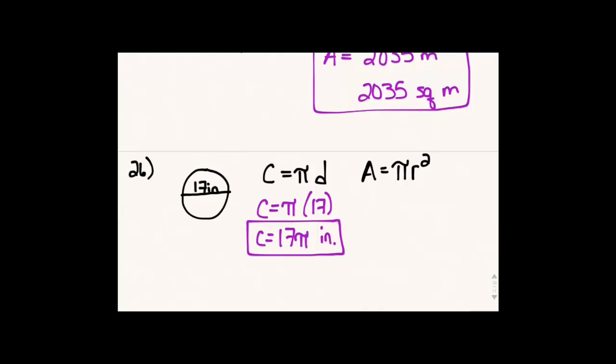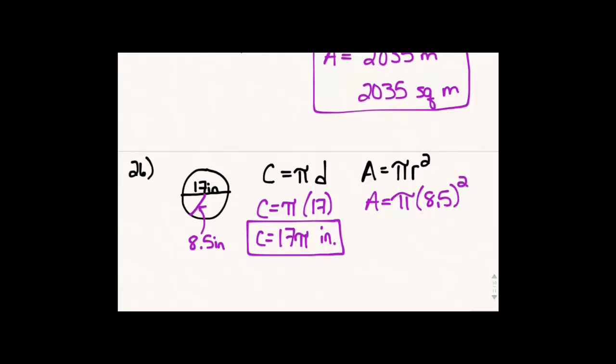Now, for the area problem, we know the diameter is 17. Remember, radius is only halfway across. So the radius is 8.5 inches. So we're going to be plugging in 8.5 inches into the radius spot.